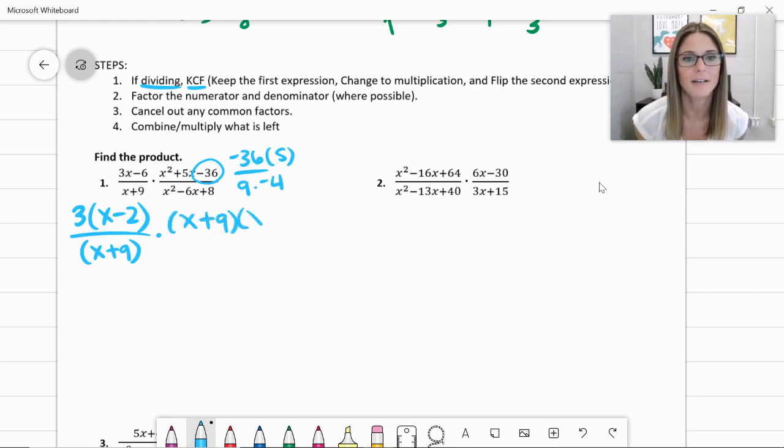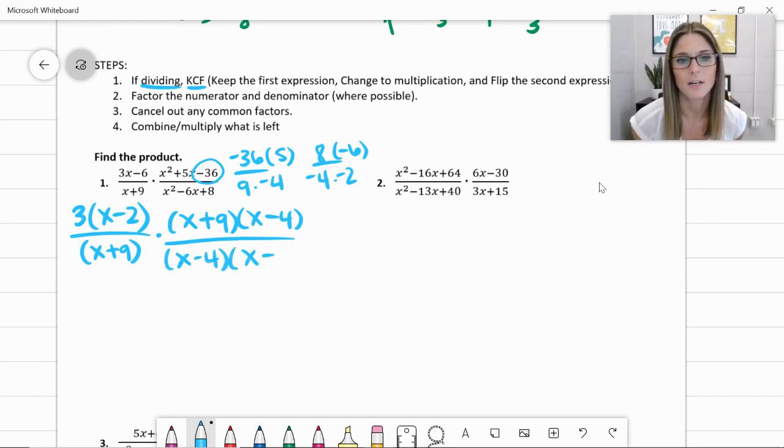X plus 9, x minus 4, over. In my right denominator, x squared minus 6x plus 8. The factors of 8 that will add up to a negative 6. I'll need a negative 4 times a negative 2. Two negatives multiply together to make a positive. And put that in my binomials, x minus 4, x minus 2.